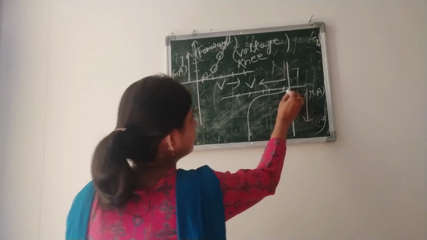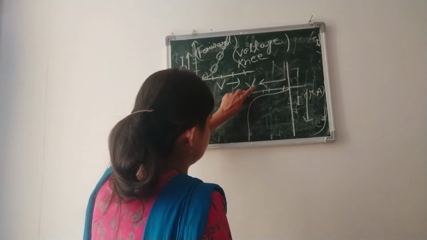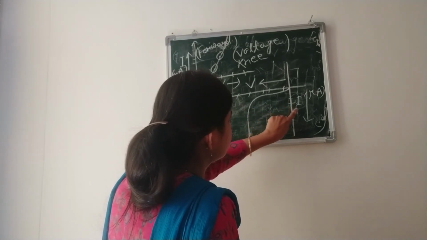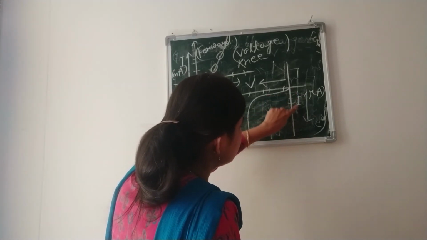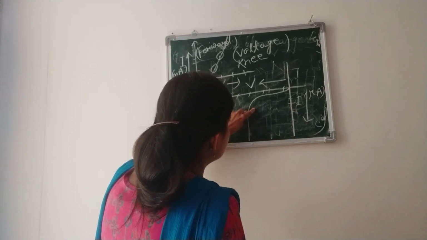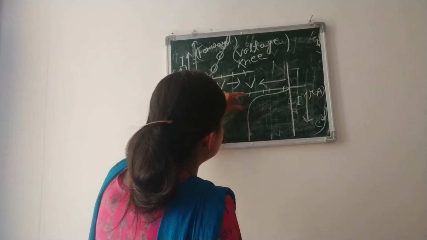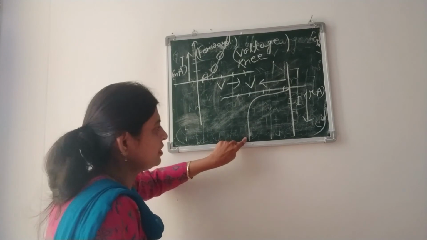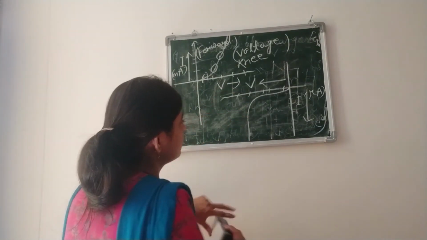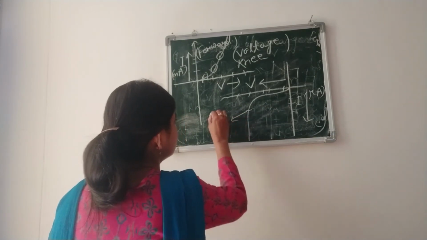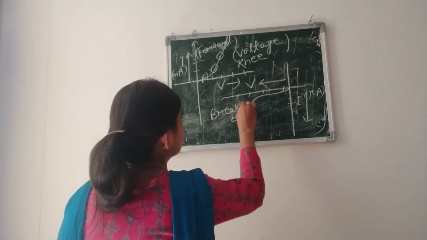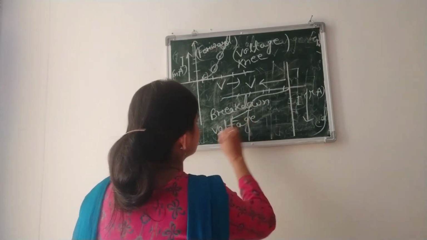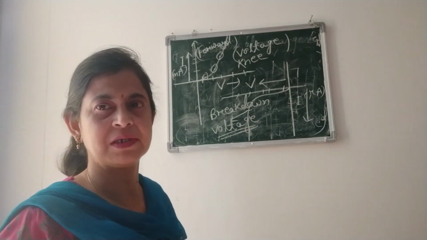That means the reverse voltage will increase with the saturation or reverse current, and when it reaches the maximum value of the voltage, then the current will suddenly increase, and that particular voltage is called the breakdown voltage.